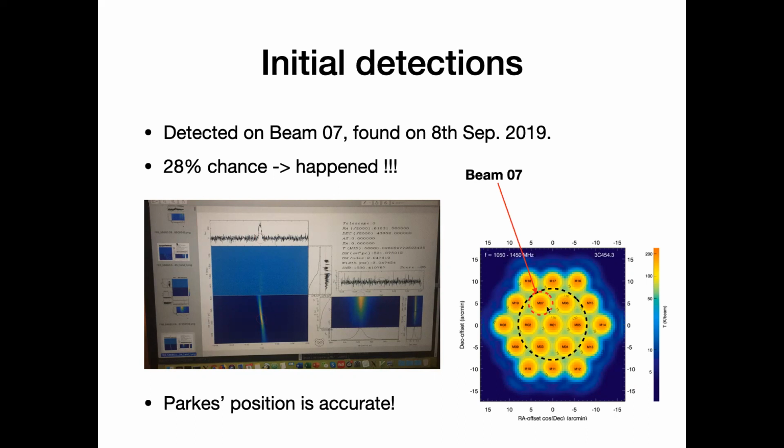And even so, we found the DM value is almost identical to the initial detection by Danny Price. That's why we claim it's the same source.